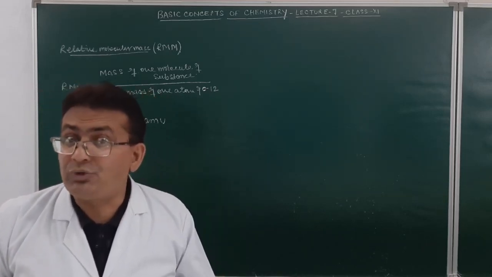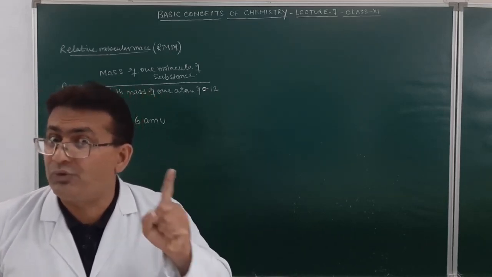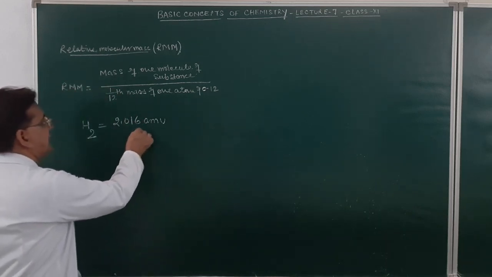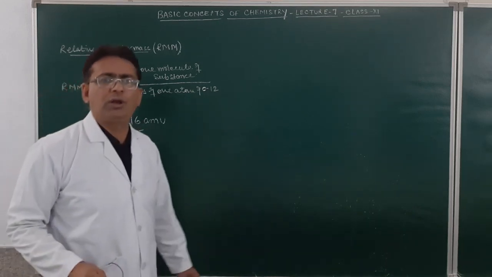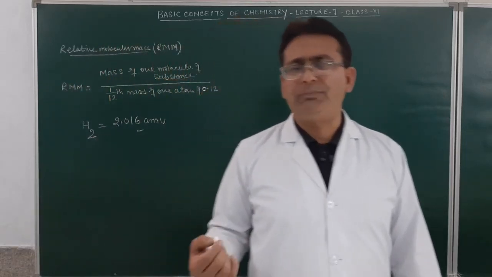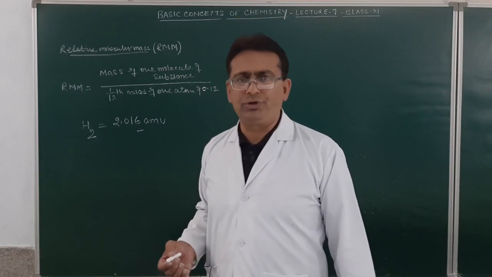And 1/12th mass of one atom of carbon-12 was called one atomic mass unit. If I want to convert this mass into gram, how will you convert atomic mass unit into gram? By multiplying with 1.66 into 10 raised to power minus 24.